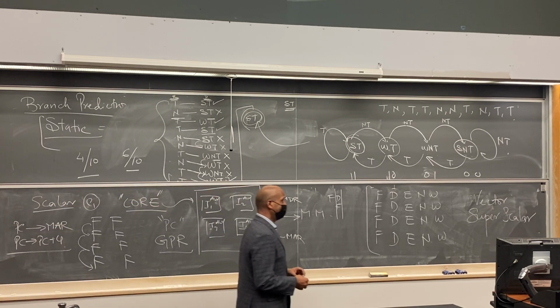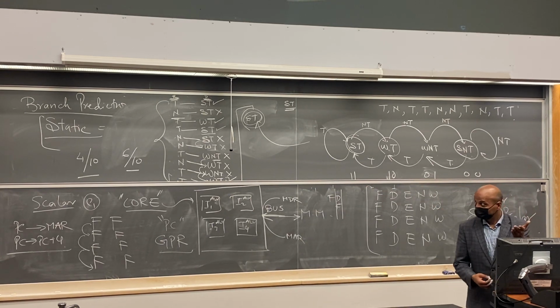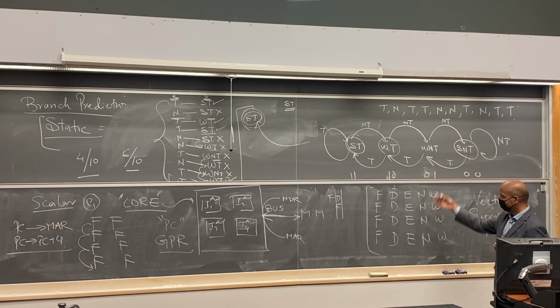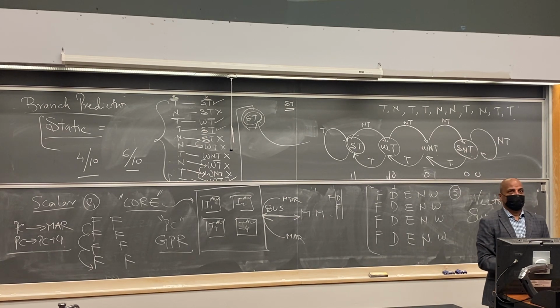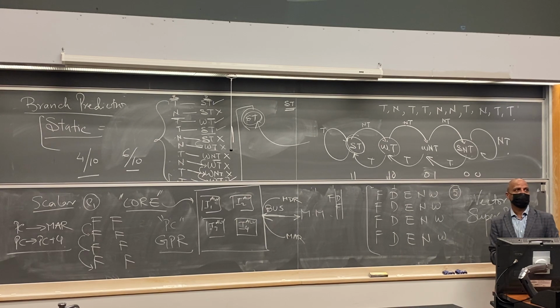So superscalar, multi-core, is a super duper version of the scalar pipeline, where I am truly executing multiple instructions at the same time. This is 5 cycles. If I had executed the same R-type instructions without any dependency, it would be 5, 6, 7, 8 cycles.